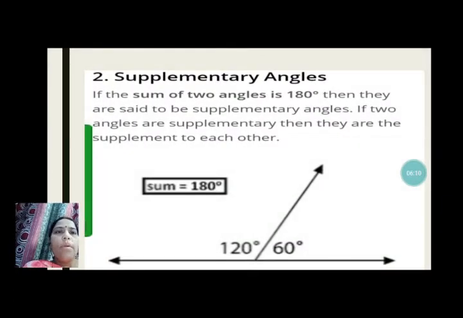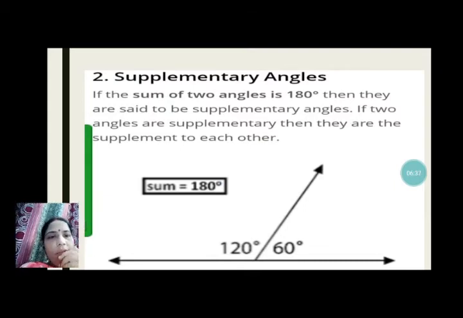Then we are going to read about the supplementary angles. If the sum of two angles is 180 degrees, then they are said to be supplementary angles.